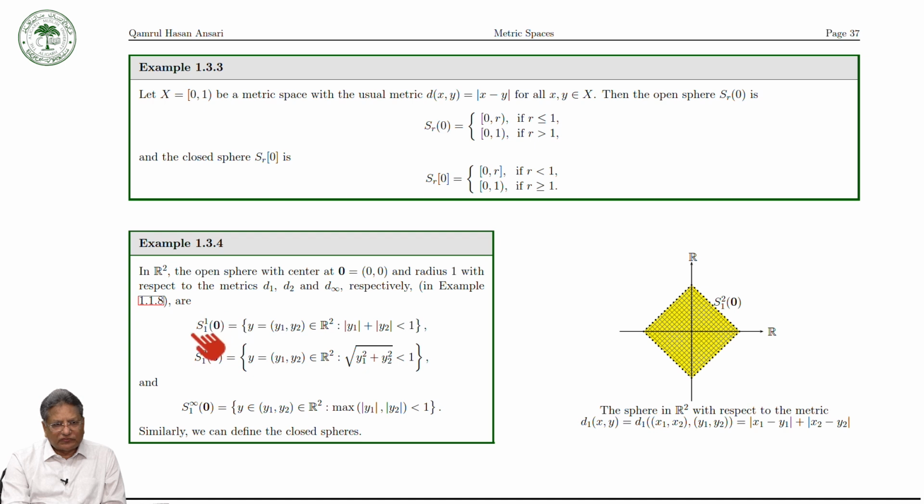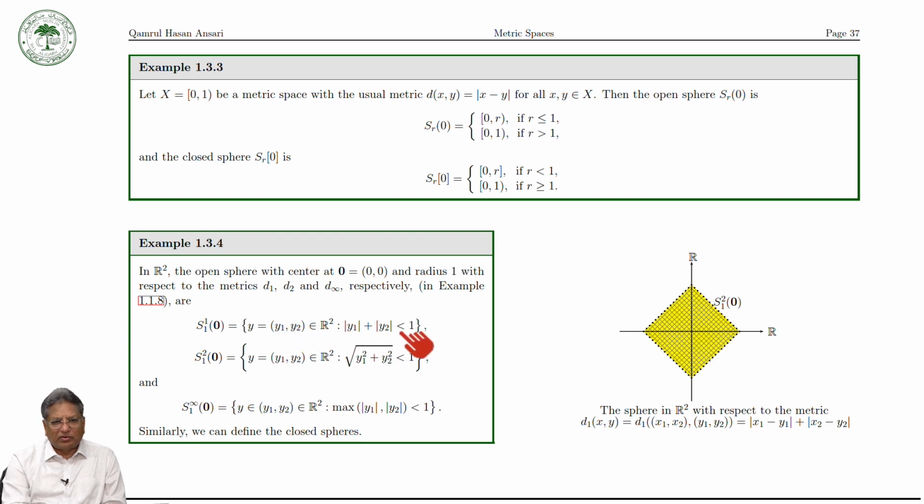This is the open sphere with center at origin and radius 1, which is equal to the set of all points y whose coordinates are y1, y2, such that the mod of x1 minus y1 plus mod of x2 minus y2 is less than 1. But x1 is 0 and x2 is 0.